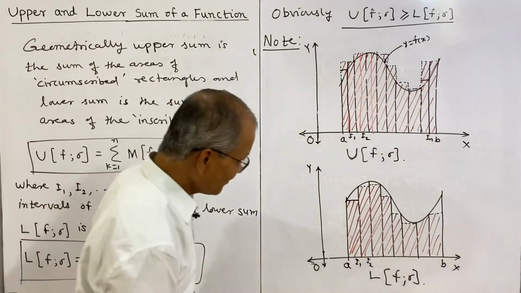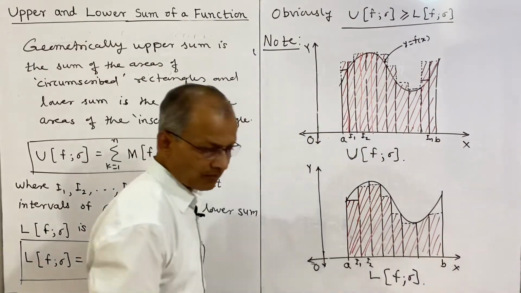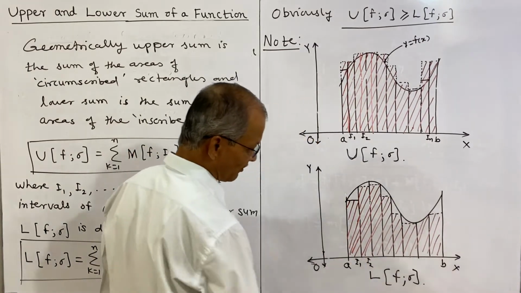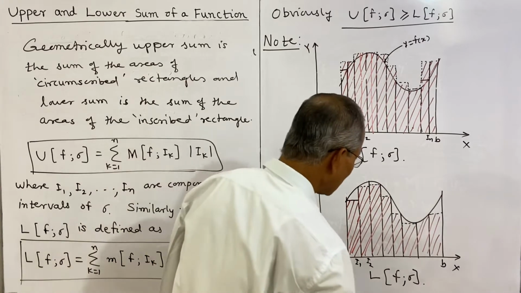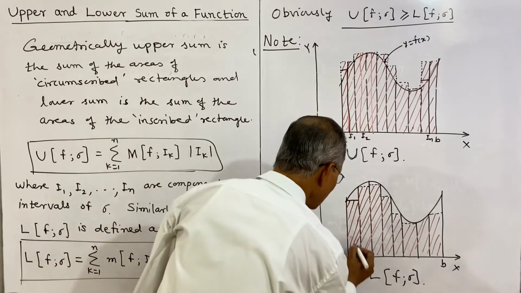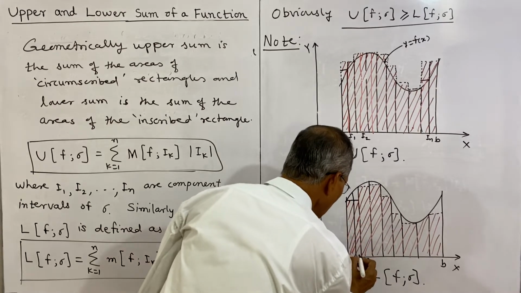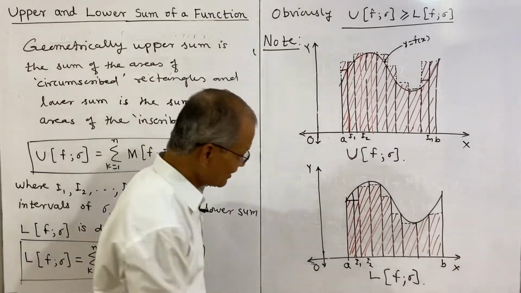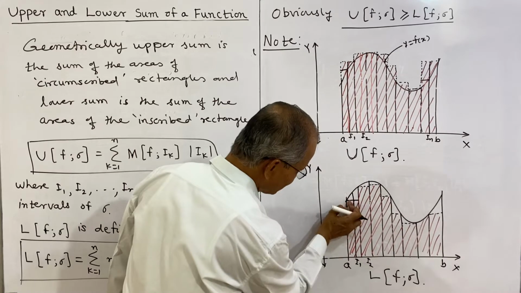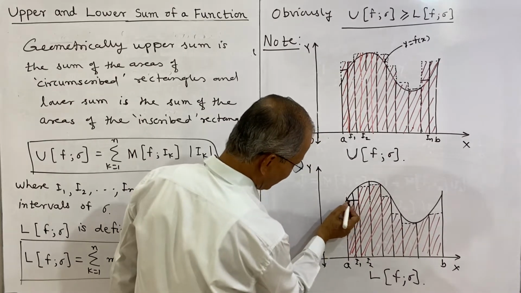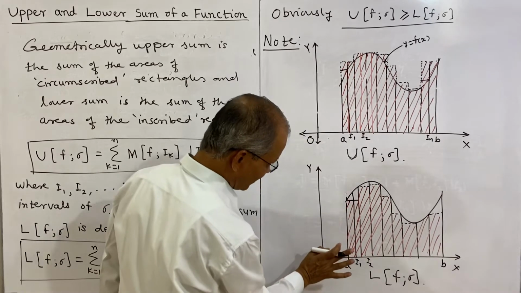And similarly, if we increase the number of divisions, that means if we take the refinement, what happens to the lower sum? For that purpose, consider I1 split in two parts. What is the minimum value in the first interval? That is the same here, so this rectangle will be the same.